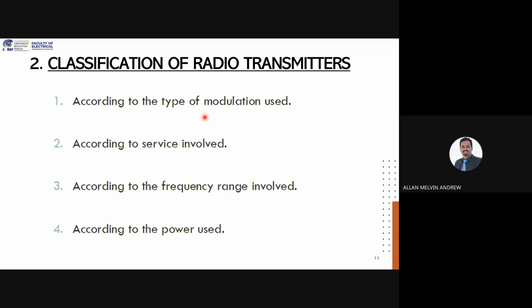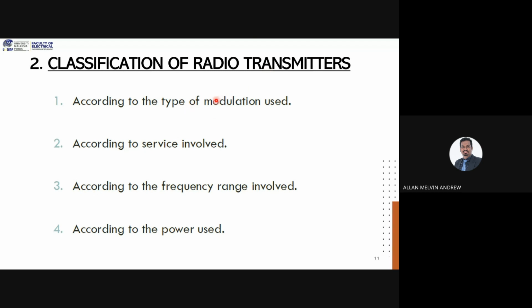Do you want the radio transmitter to only use AM, amplitude modulation, or only FM, or both, or another type of modulation? So you choose your radio transmitter based on the modulation type.